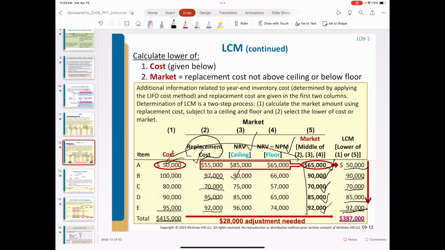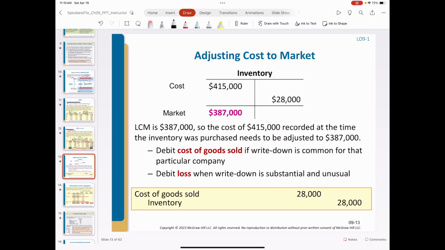So the new book value of each item is listed here, and their total is $387,000. And the difference is 28,000 adjustment. So we will debit cost of goods sold for 28,000 and credit inventory.